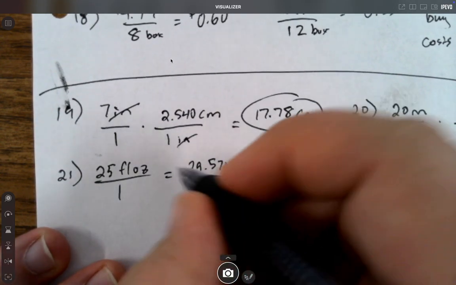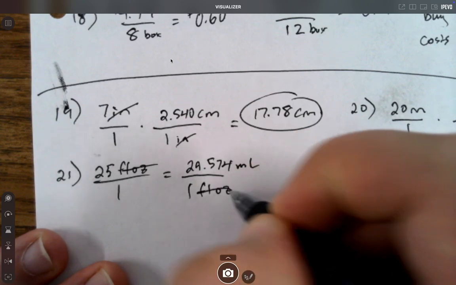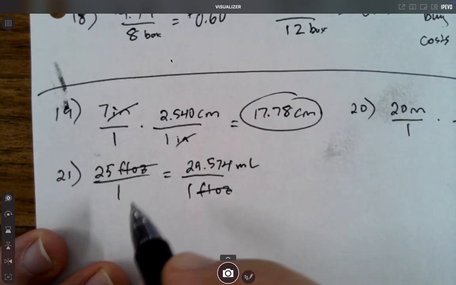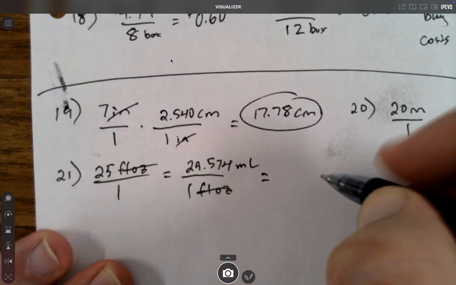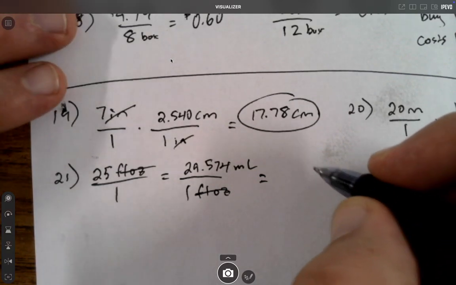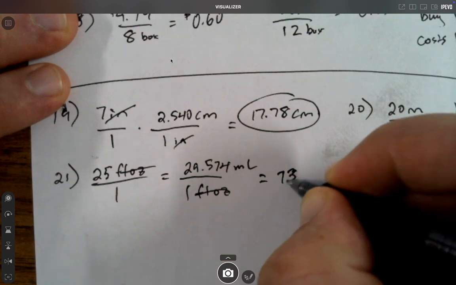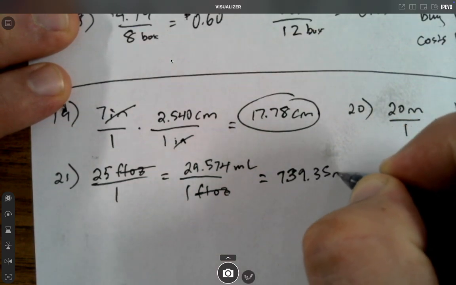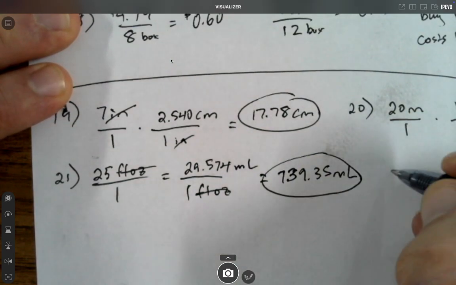So I cross out the fluid ounces. That's why I put them on the bottom so they cancel out. And 25 times 29.574 is about 739.35 milliliters.